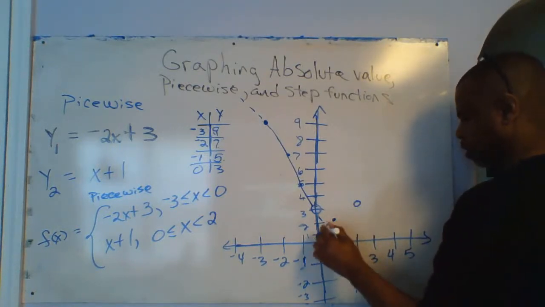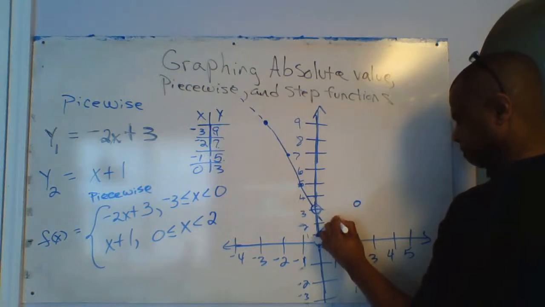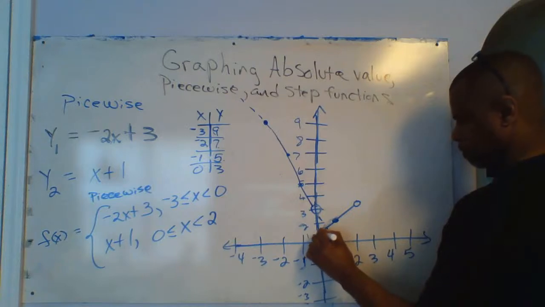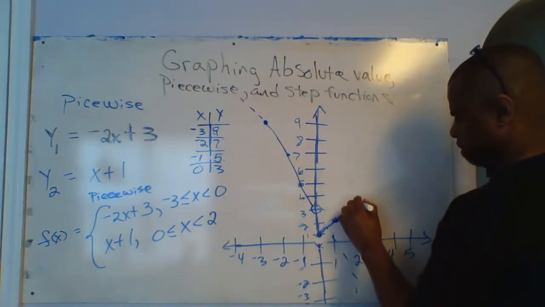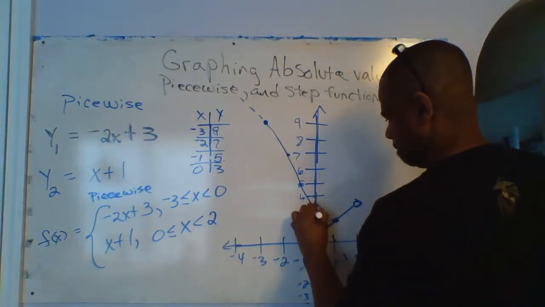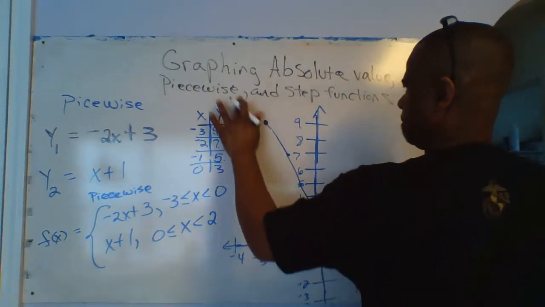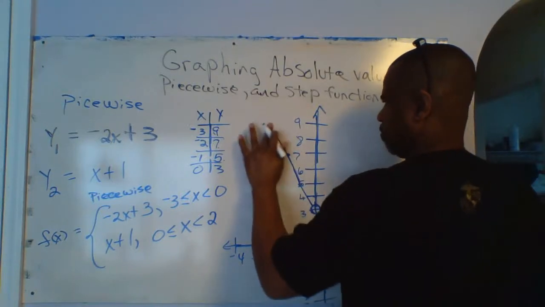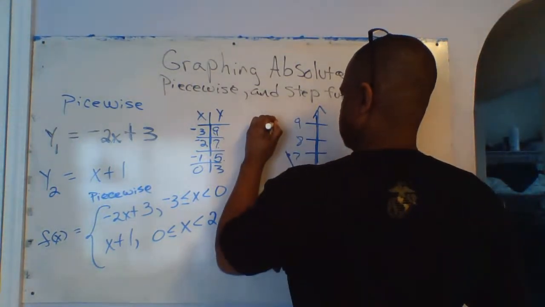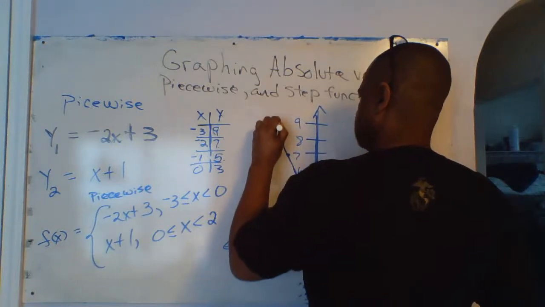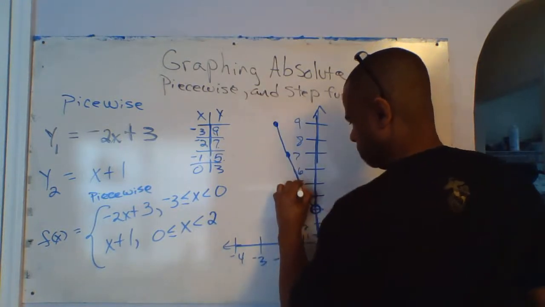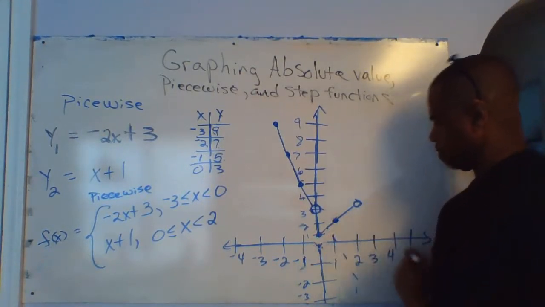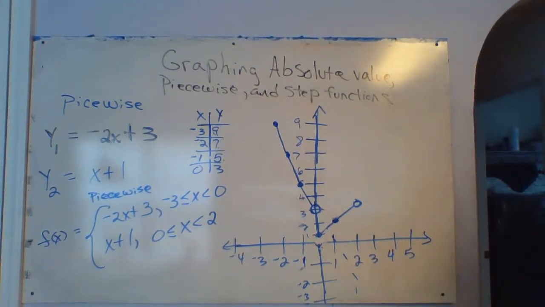So this is going to be your graph, and this should be a straight line. Let me fix that. So that's your piecewise function.